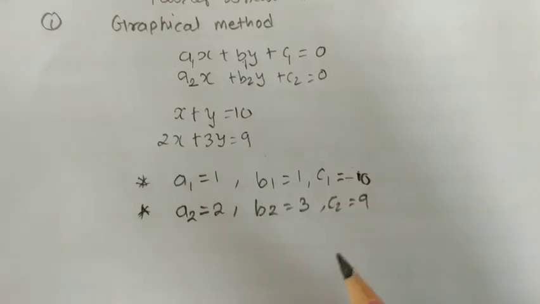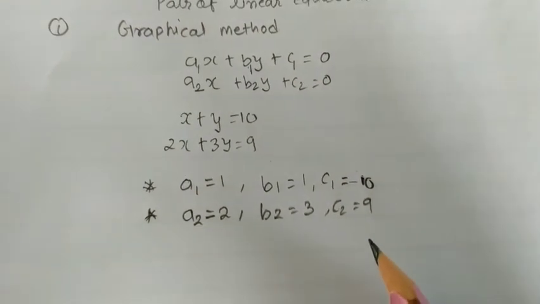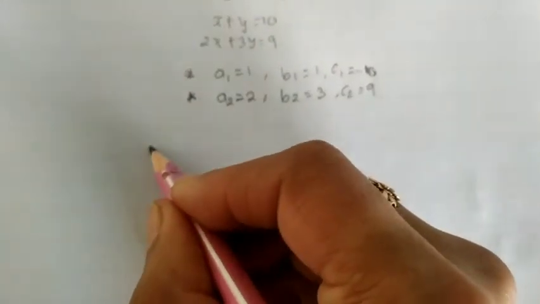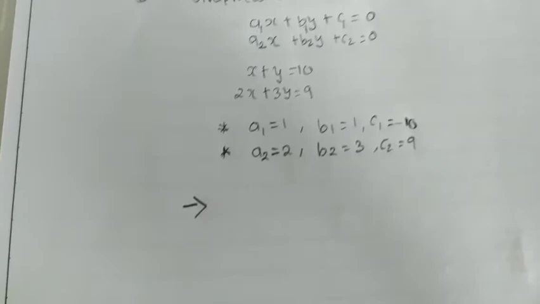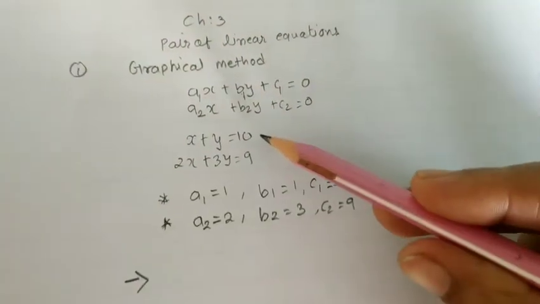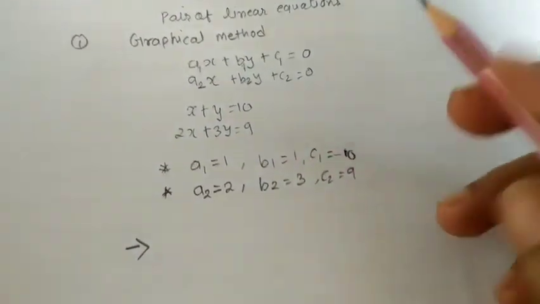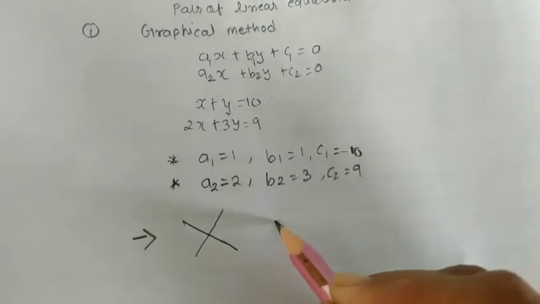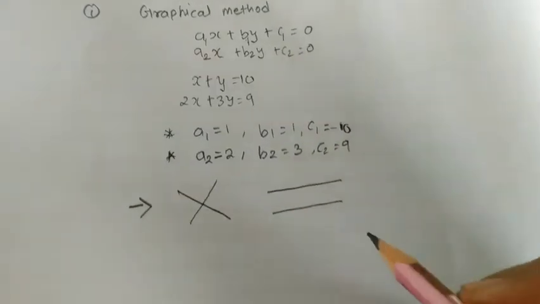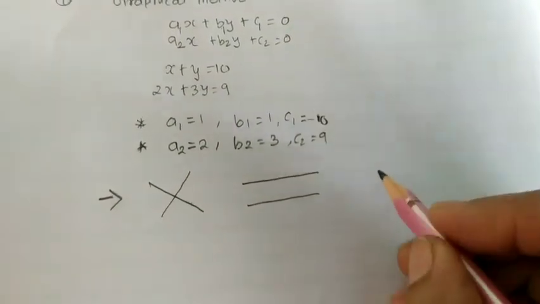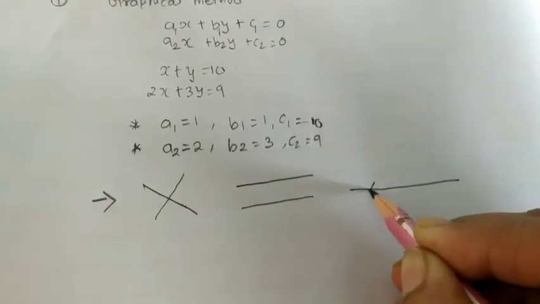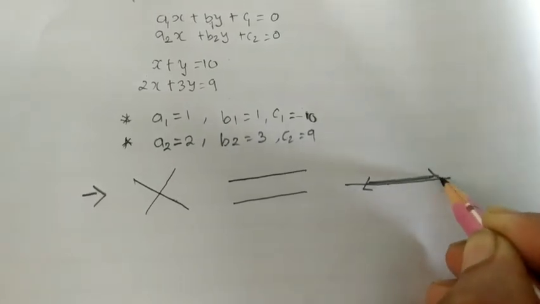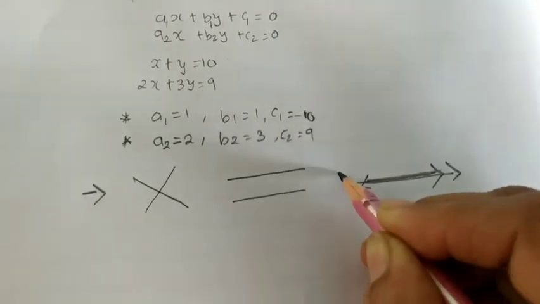Now let me talk about another method to solve linear equations. Here there are three kinds of lines. If we plot the graph of both these equations, the graph should be either intersecting lines, parallel lines, or coincident lines, meaning both lines lie on each other because they have the same solution.